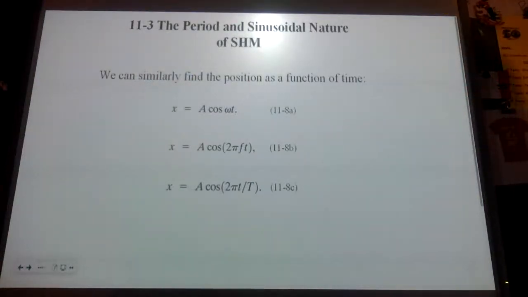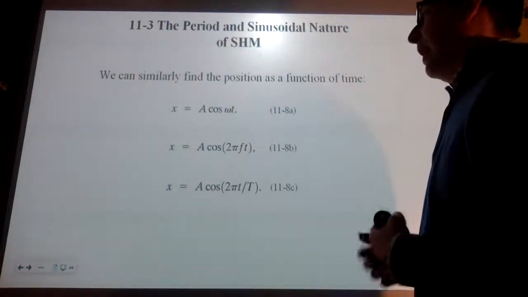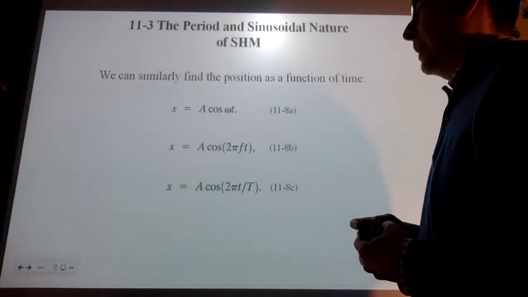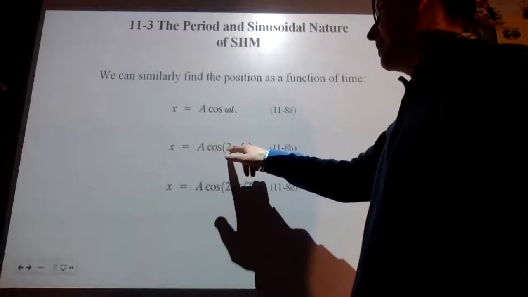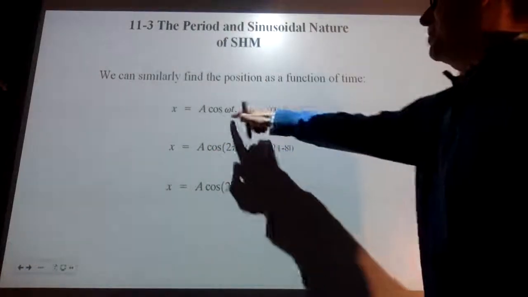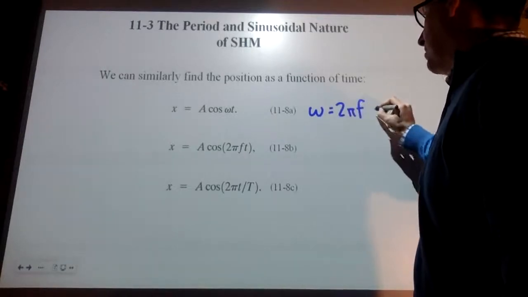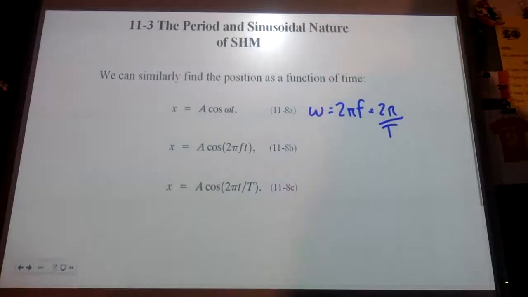All right, so here's our position. And I use this for the derivation that it's A cosine omega t. You can also write this as A cosine 2 pi f t. And again, omega is our angular frequency, which is 2 pi times the frequency, or 2 pi over the period.